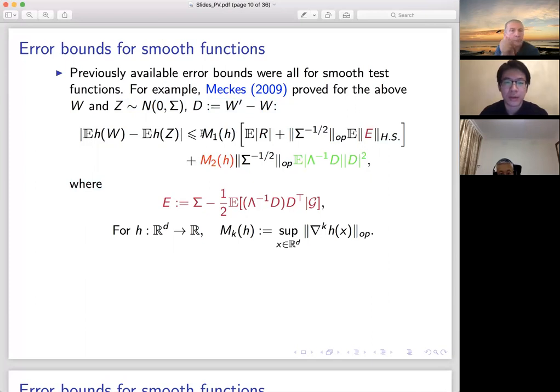So the error bound depends on some part depending on the test function h, and also some other parts depending on this exchangeable pair.